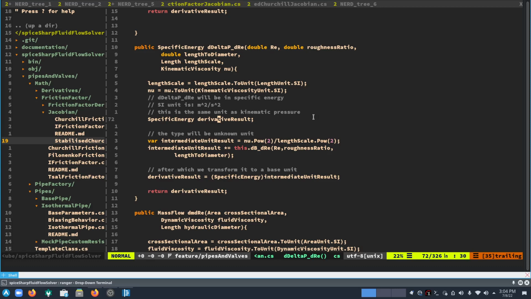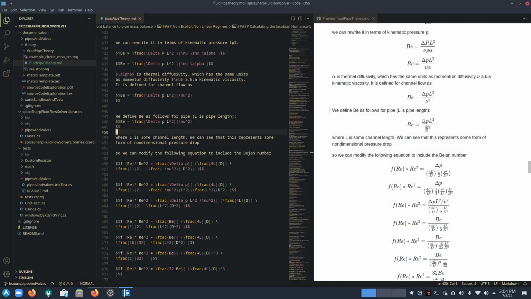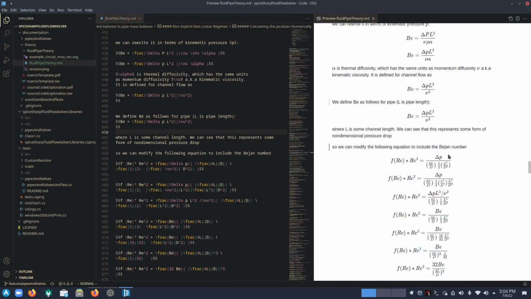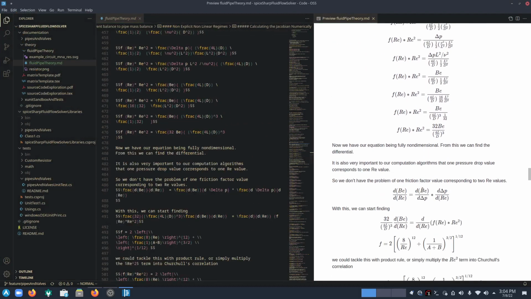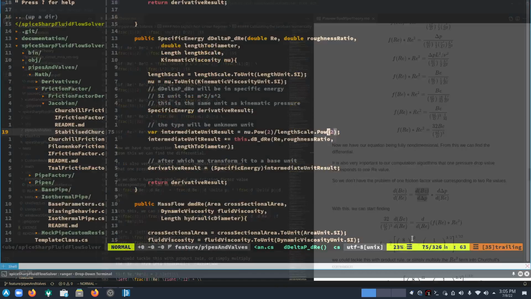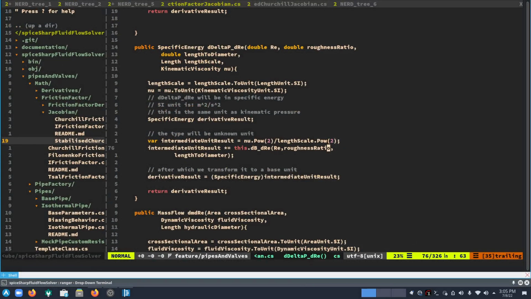This is just the unit conversion bit. I will have an intermediate unit result first, which is nu squared, nu dot power 2, over the length scale to the power of 2. So this is nu squared over L squared, because I'll have dBE d delta P. But what I need to do to make d delta P dRe the subject is to bring this over to the left hand side. So I change the side: nu becomes on top, length scale at the bottom.